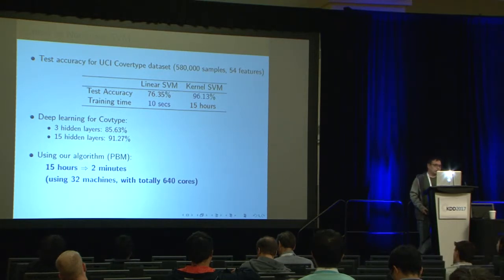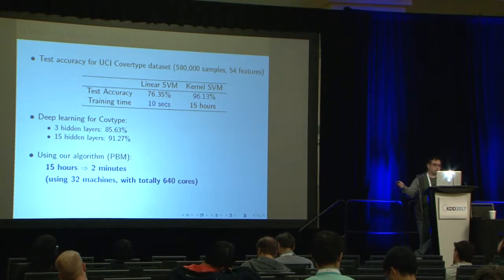So in this talk, basically I have given all the background. Our focus is how to speed up the training for kernel SVM using a distributed system. So in our result, we can reduce the 15 hours to 2 minutes using 32 machines, each one with 20 cores.